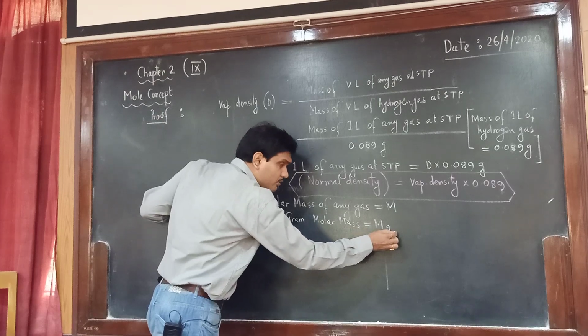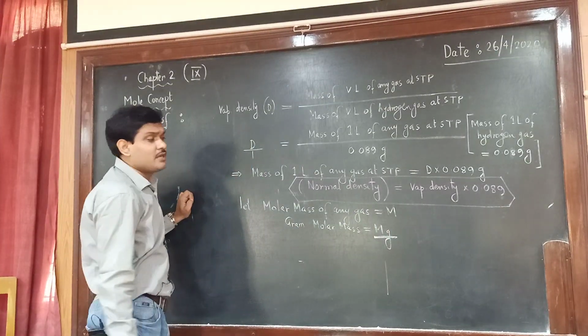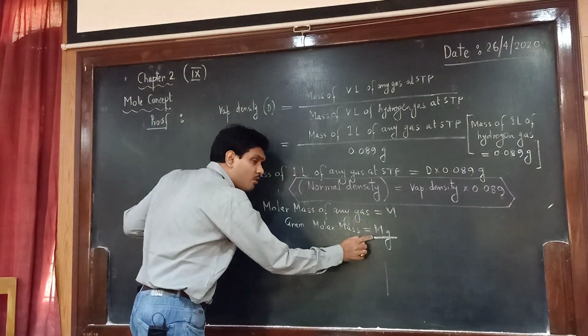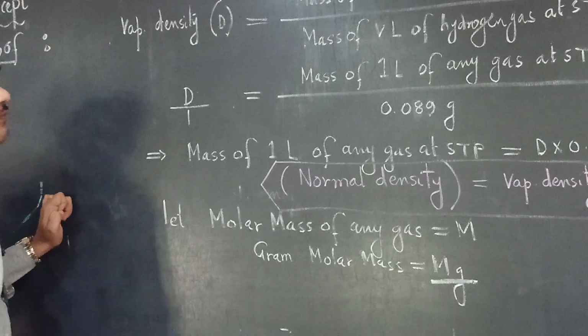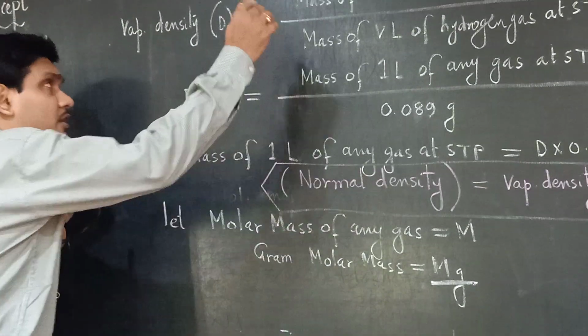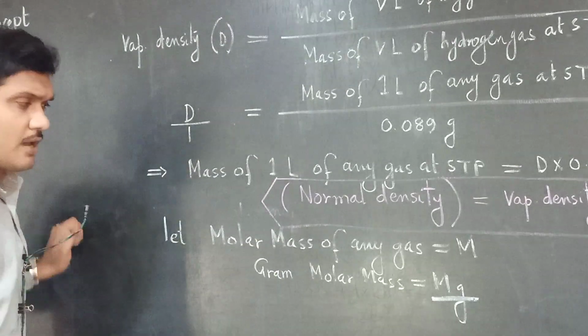What will be the volume occupied by M gram of that particular gas? I have to find this out from the concept of vapor density, or from the concept of Avogadro's hypothesis.